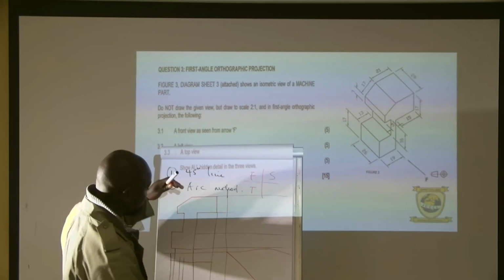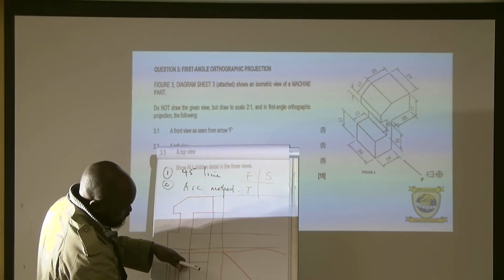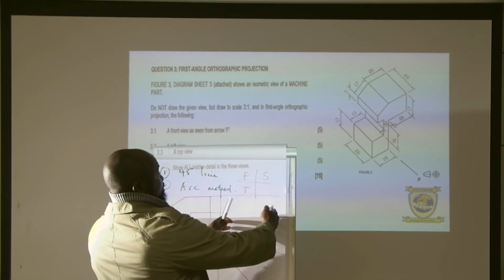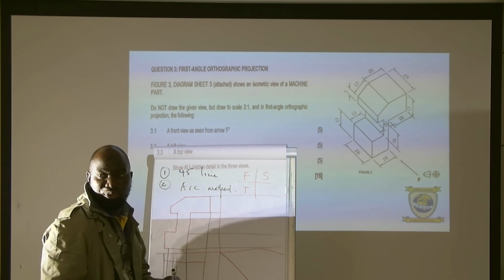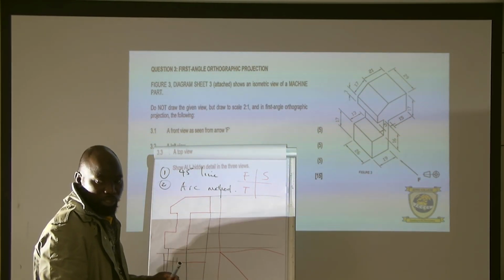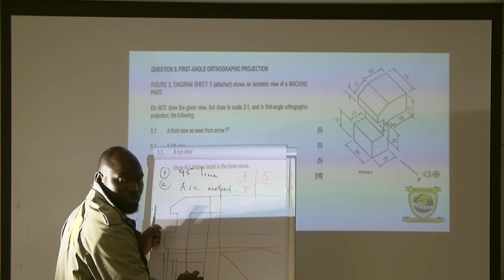The way it is done is you do the front view, you do the top view, then the two are projected to give you the side view.